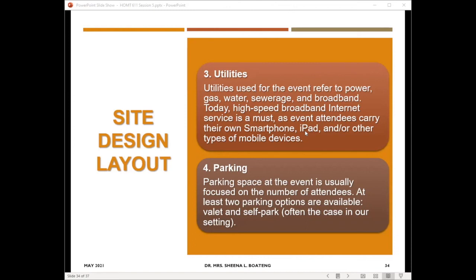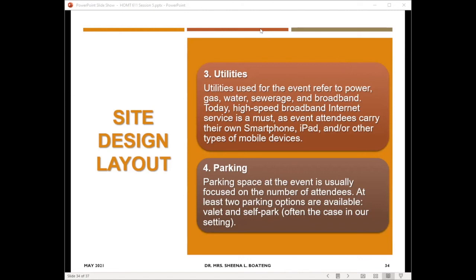But in our part of the world, valet parking is not common, because I don't think anybody will go to an event and just hand over their car key like that and go and sit in an event comfortably without thinking about what is happening to their car in their absence.